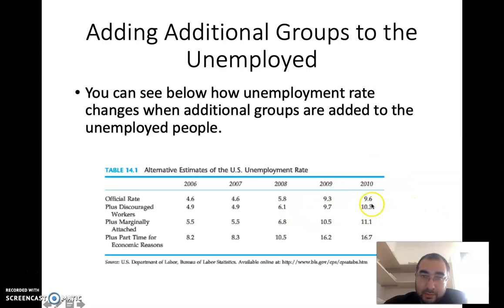And it is even more significant when you look at the official rate. It has increased to 5.6 basically. So it can be an important rate, as you see, especially at the time of the crisis.